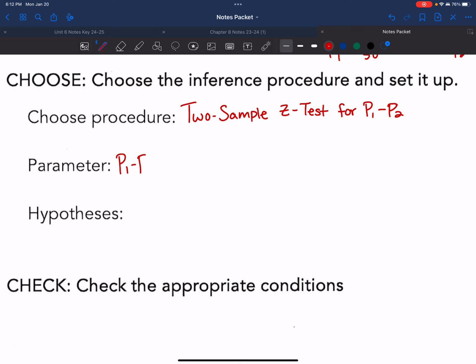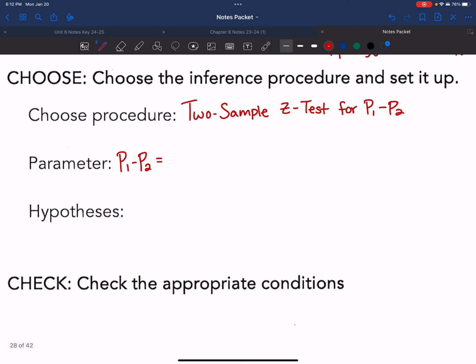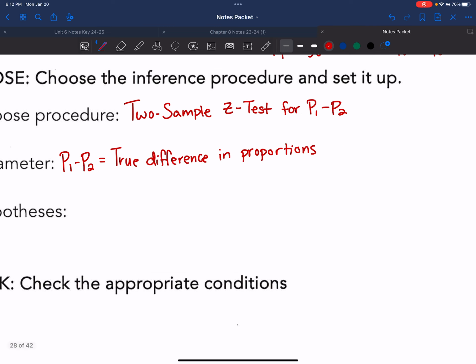Okay, p1 minus p2, what does that represent? Well, it represents the true difference in proportions of who go to prom. And in parentheses, I'm going to put junior minus senior.